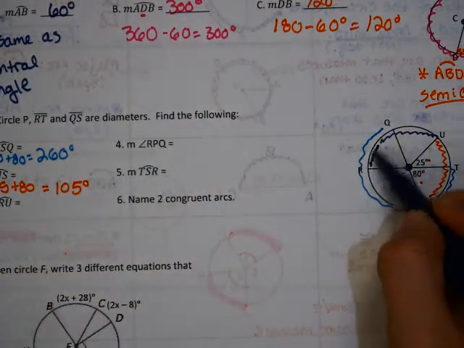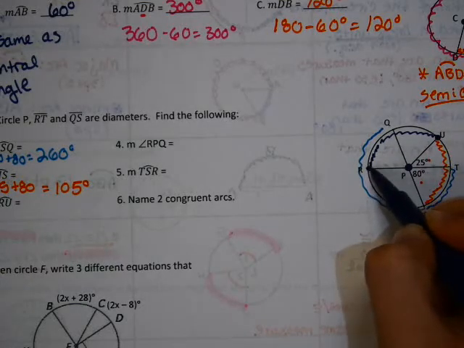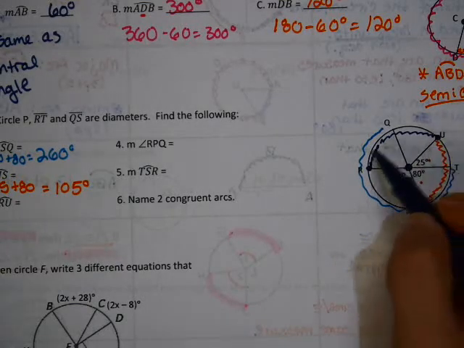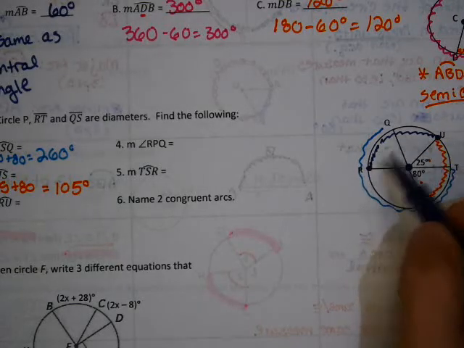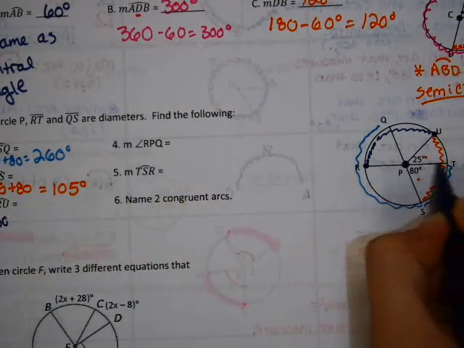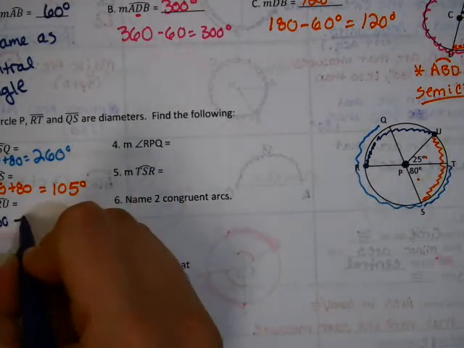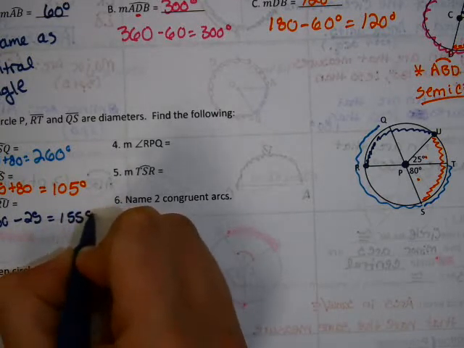Remember, a minor arc is named with only two endpoints. So I'm going to take 180, because this is part of a semicircle here, minus 25, and I know it's 155 degrees.